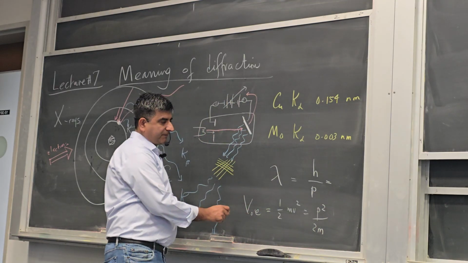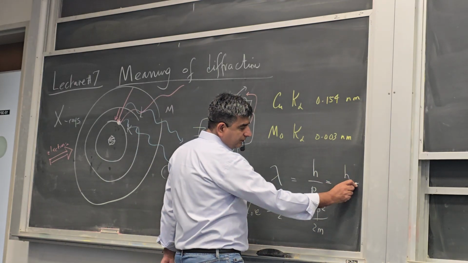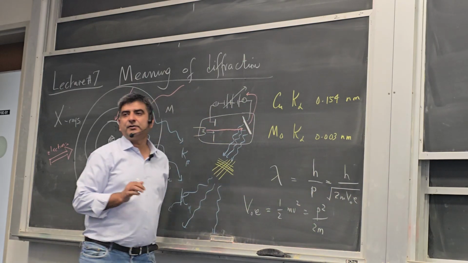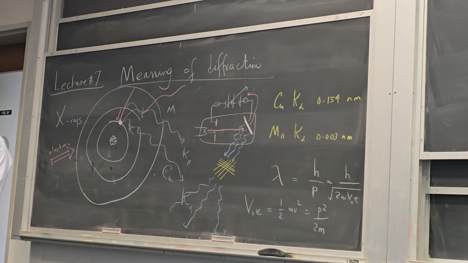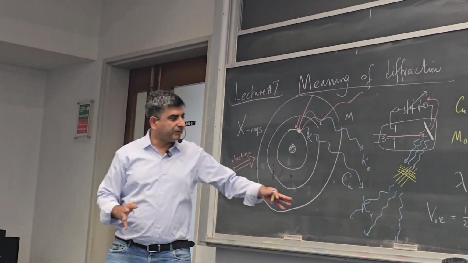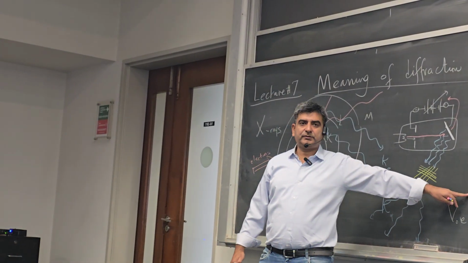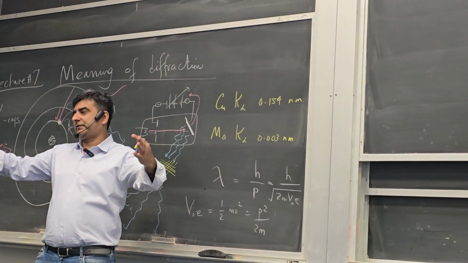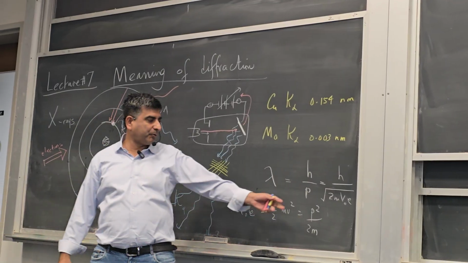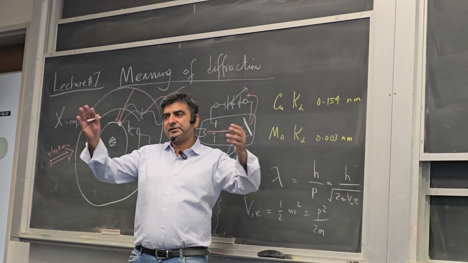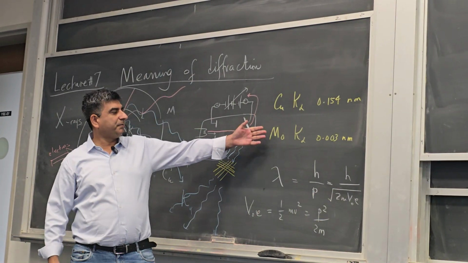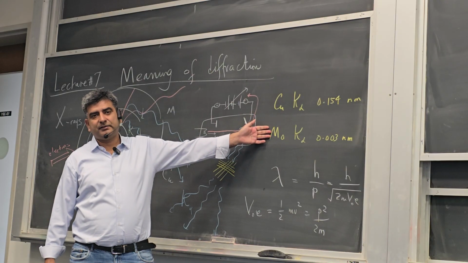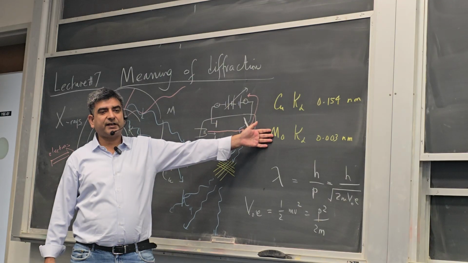So P is square root of 2mV naught E. So if you are accelerating electrons through an electric potential V naught, this would be the wavelength of electrons. If you have a potential of about 100 kilovolts, you put in the values, you get an extremely small wavelength, which could be even smaller than X-rays, tens to 100 times smaller than X-rays.